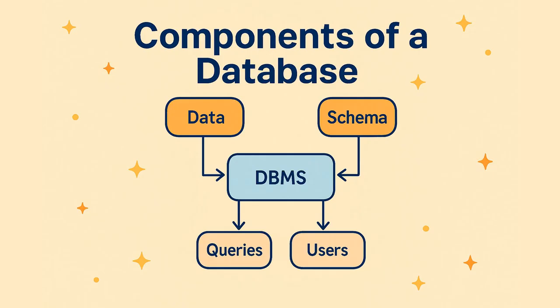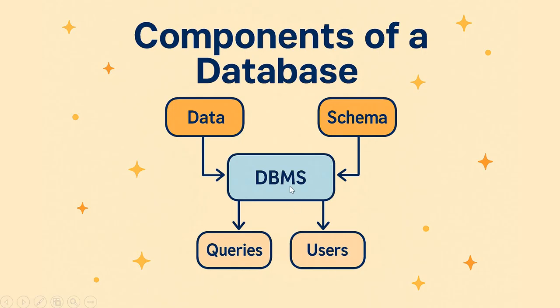And now, before we look inside the database, let me introduce the 5 main components that make up every database. Here we have the data, schema, DBMS or Database Management System, queries, and users.